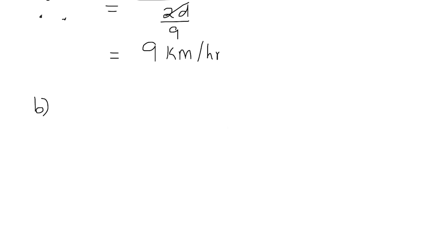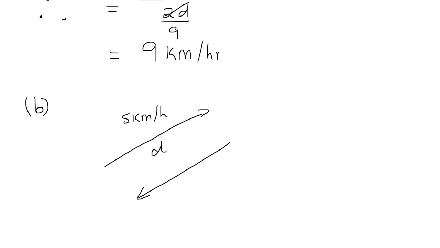So that's for number B. So going up the hill, he is still moving at 5 kilometers per hour on distance d. But going down the hill on the same distance d, we want to find out if he can increase that 45 by a certain number x, or by a certain speed x.